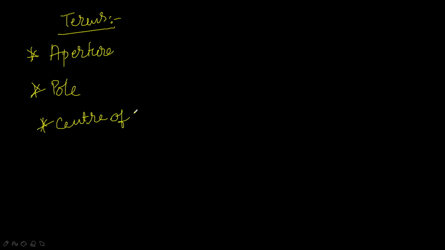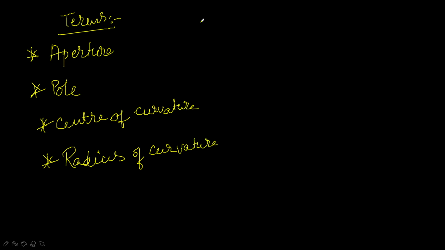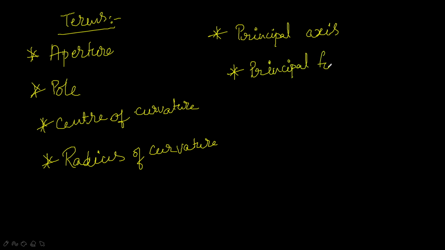Aperture. Terms related to spherical mirror: aperture, next one is pole, after that center of curvature, radius of curvature, principal axis, principal focus, then focal length.